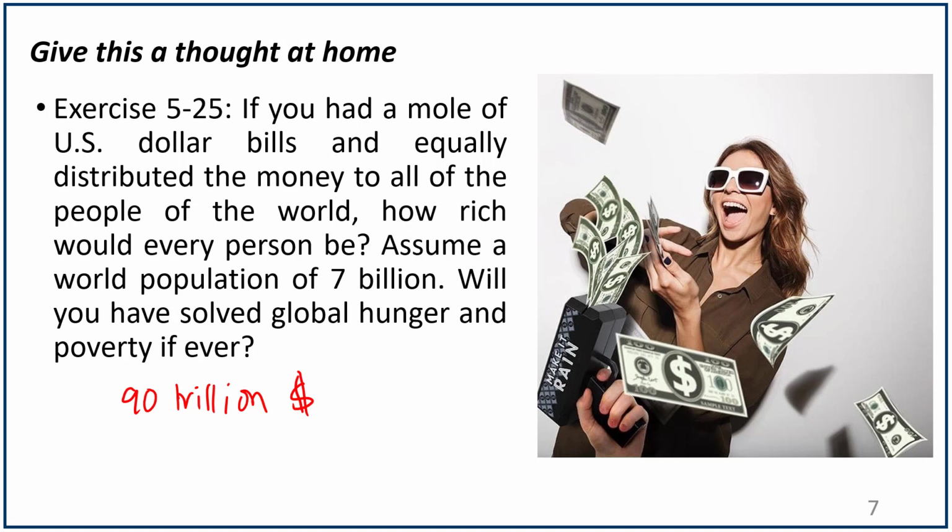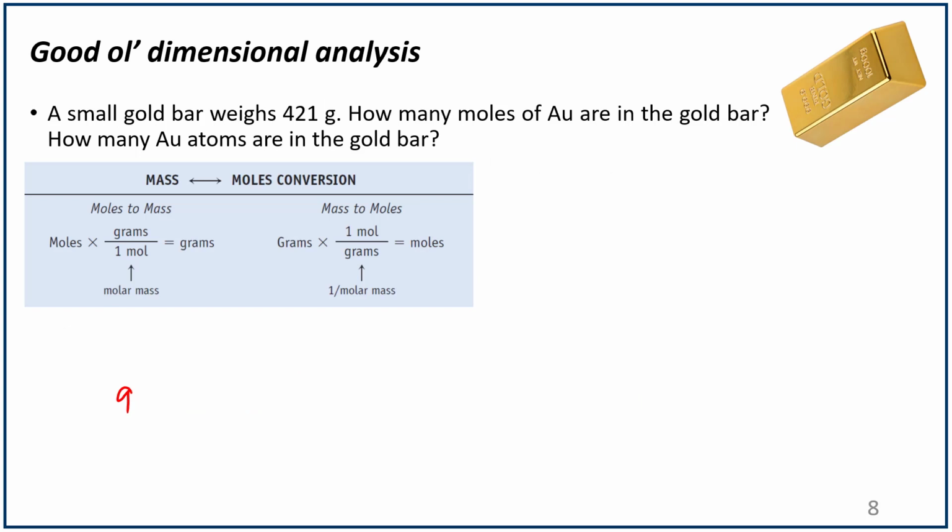Anyway, I did say that we are going to look at dimensional analysis in this chapter. So let's look at some problems. Say, for example, you're given the mass of the substance, be it an element or a compound, but our focus right now is an element.